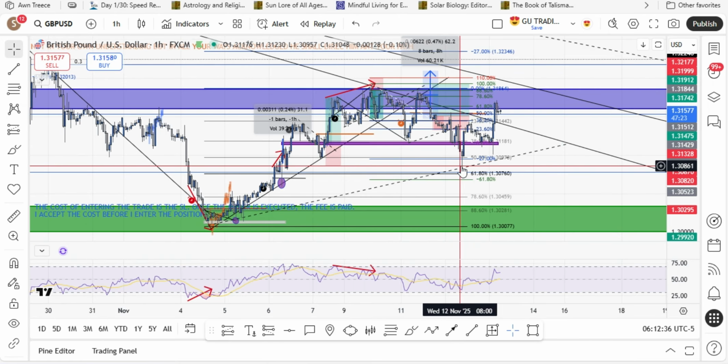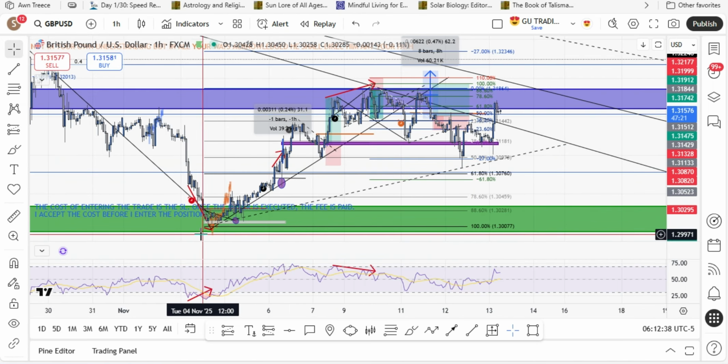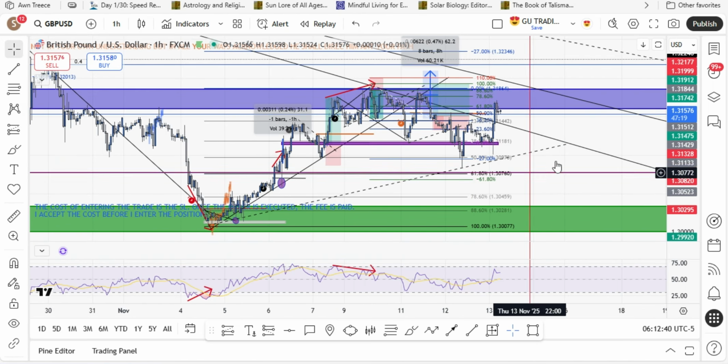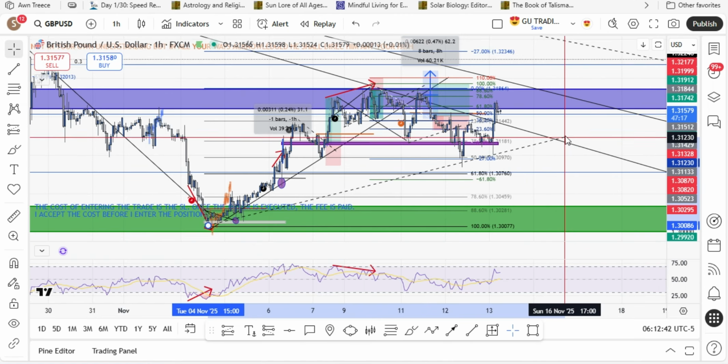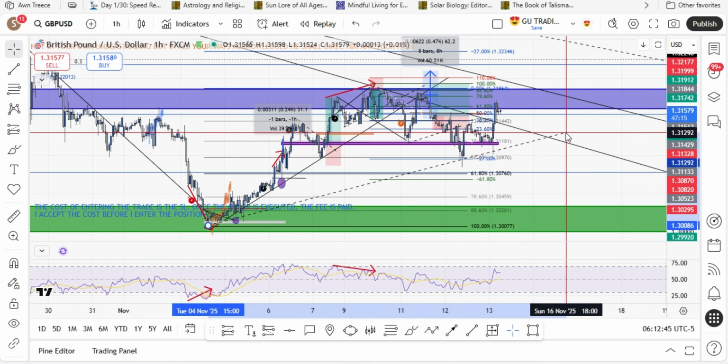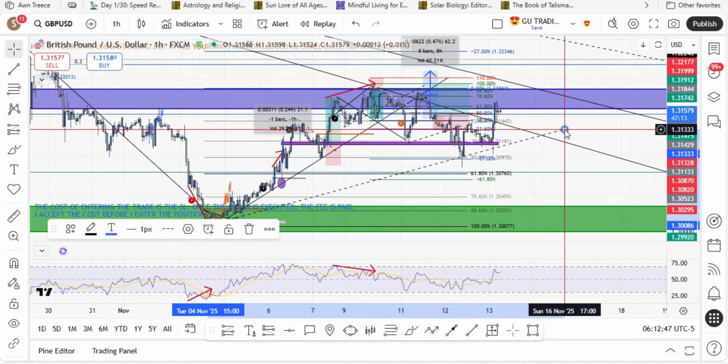Well, not really retested because I just, or did I put the trend line from here? I don't know. But I could move it up.